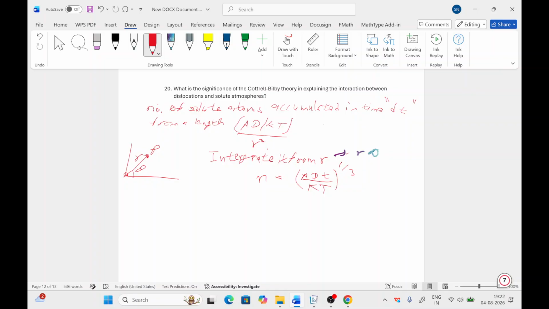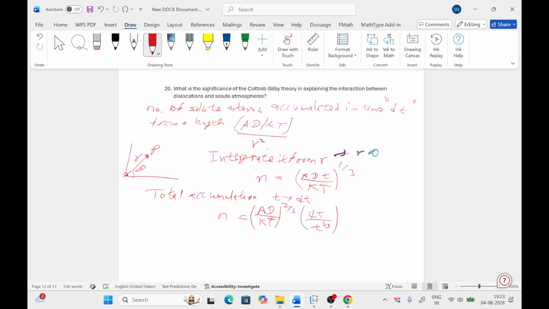So if we take the total accumulation from t to t plus dt, this will be 2 times AD by kT raised to power 2 by 3, dt by t raised to power 1 by 3.